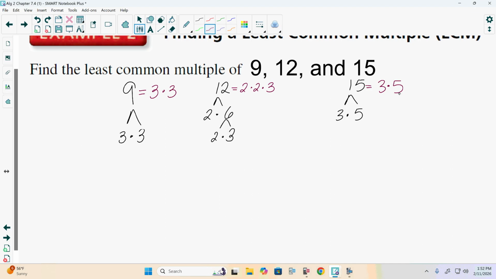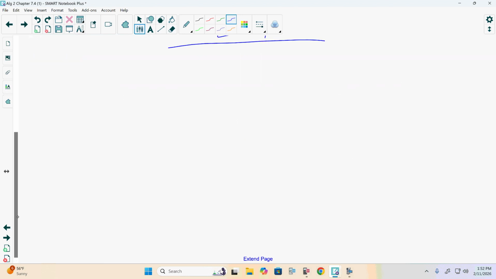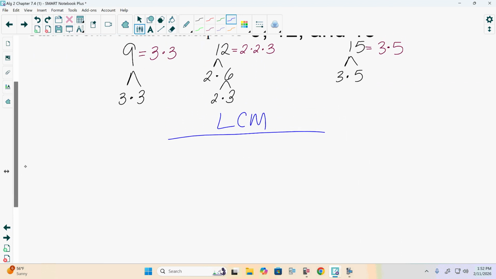So the prime factorization of 15 is 3 times 5. Any questions on this here before we find the least common multiple?